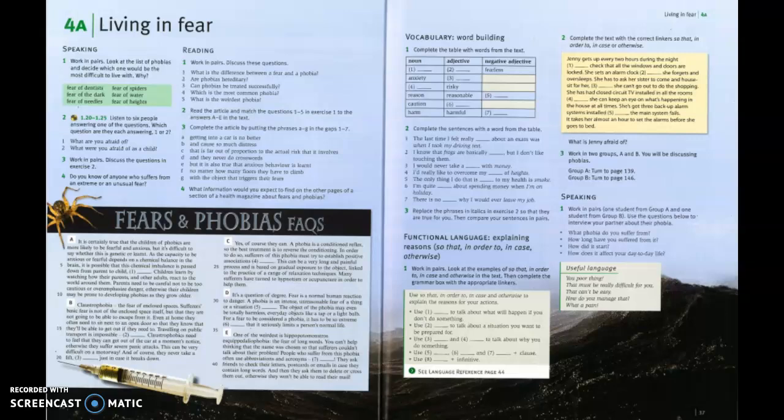Once they've discussed the 5 questions, they can then move on to exercise 2, where they read the article and match the questions they've just discussed to the answers A to E in the text.